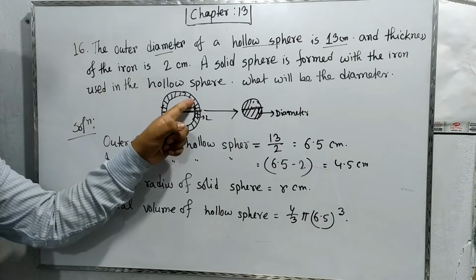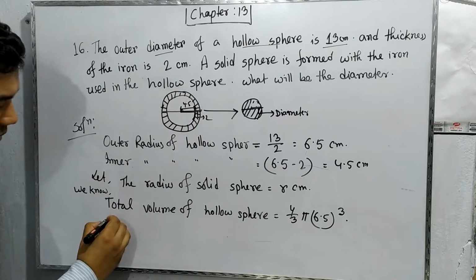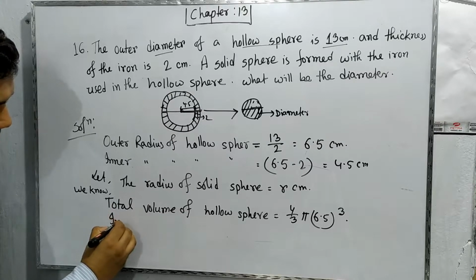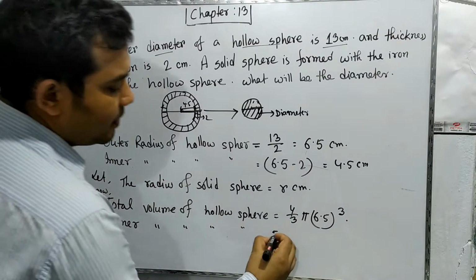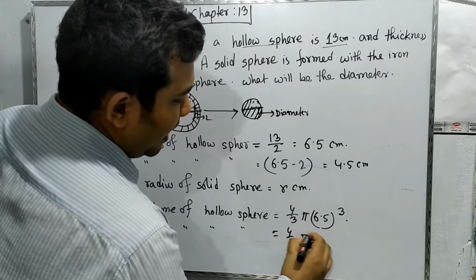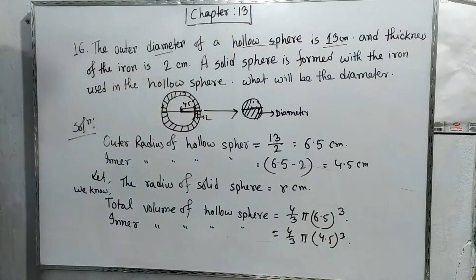And what about the inner part? Because we know the radius of the inner part is 4.5, the inner volume of the hollow sphere will be 4/3 pi times 4.5 whole cube.